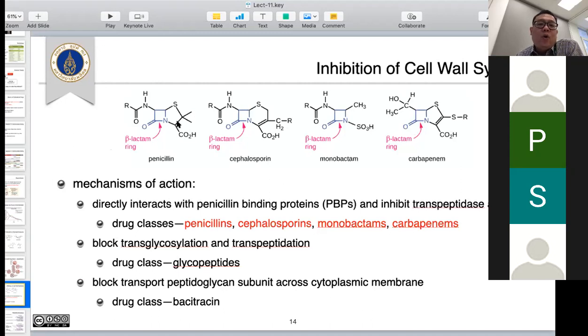I show you four of these, not just for you to remember the structure, but you see they all share the same core, okay? Beta-lactam may be linked with a five-member ring, or with a six-member ring, different class, but they all function at this site. This is the functional structure, okay?